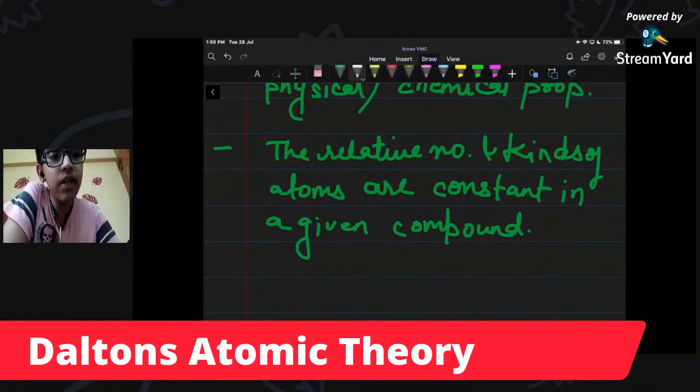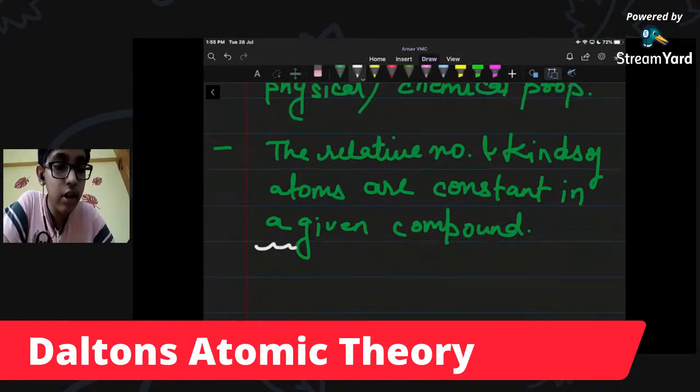A question may arise: constant in which compound? That I will cover in the next lecture. But please remember, it's the given compound. There is only one compound there, so it's the given compound.